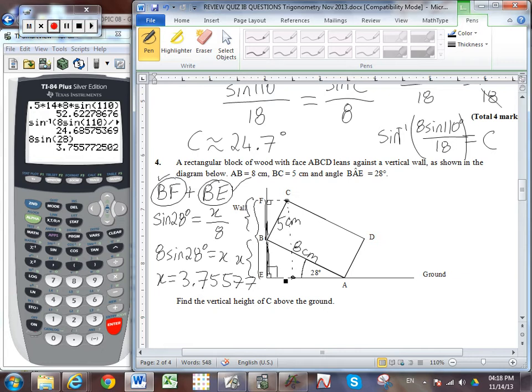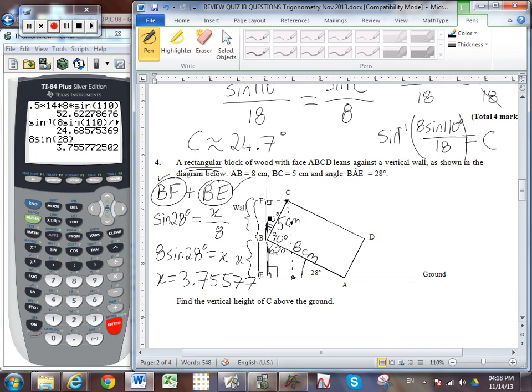And we know that there must be a total of 180, so 180 minus these 118 leaves you with 62 degrees. This is of course a 90-degree angle because it's a rectangular block of wood. And so far we've got 152 degrees, so there remains only 28 degrees. I can find this by doing 180 minus the 62 and the 90, which I've already used, and that leaves me with a 28-degree angle. So after all, I am able to find an angle in this little tiny triangle.